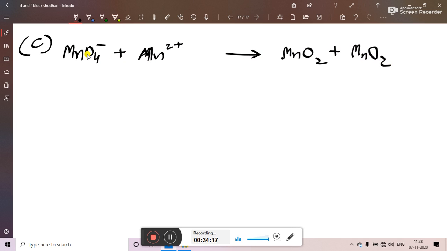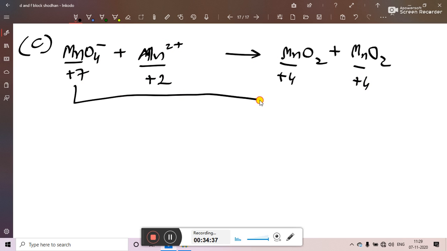So here we can see that permanganate ion, which was in plus 7 oxidation state, will undergo reduction to MnO2 with plus 4 oxidation state, and Mn2 plus, which was in plus 2 oxidation state, gets oxidized to MnO2 with plus 4 oxidation state. So here permanganate ion undergoes reduction from plus 7 to plus 4, so the difference is 3.